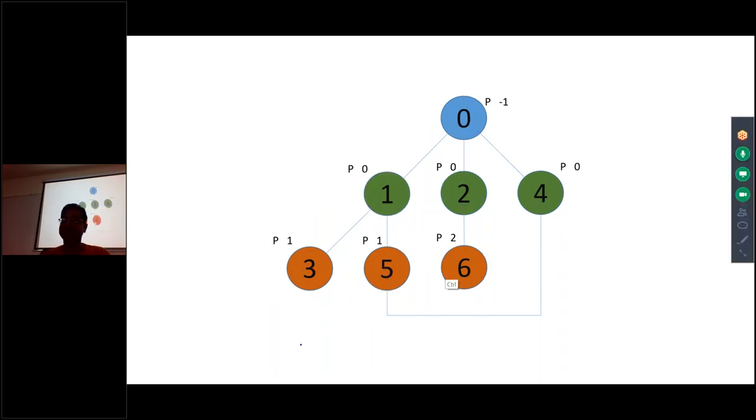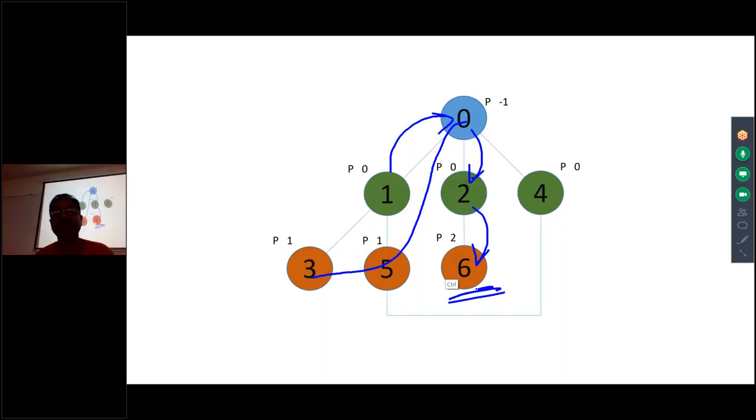And the shortest path is 1 to 0, 0 to 2, 6. So when you checked your immediate neighbors, then their immediate neighbors, and then their immediate neighbors, you got this 6, right? So shortest distance in an unweighted graph is simple BFS.